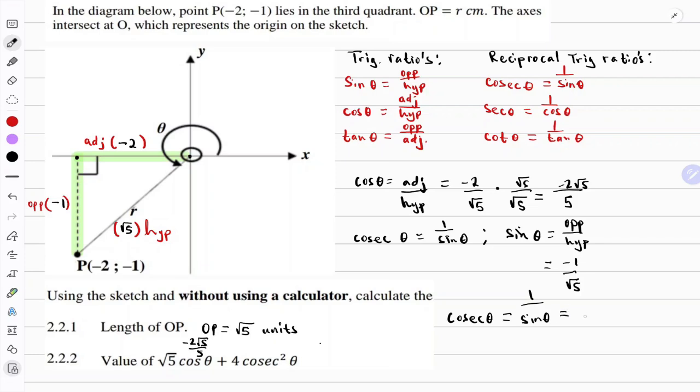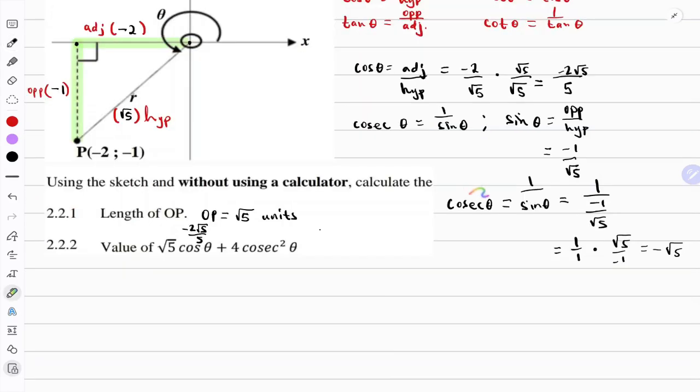So this is equal to 1 over -1 over square root of 5, which is equal to 1 times square root of 5 over negative 1, which is equal to negative square root of 5.